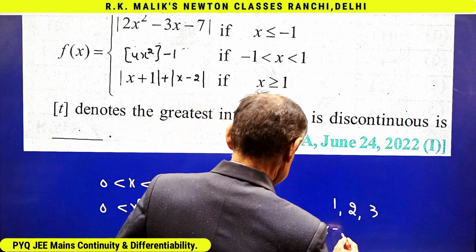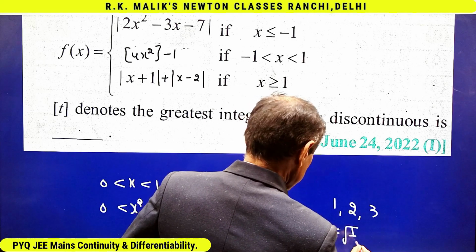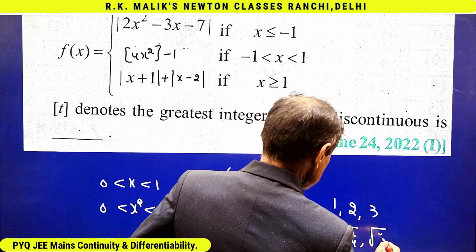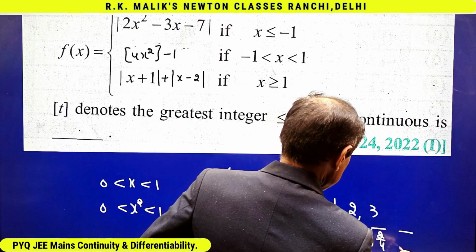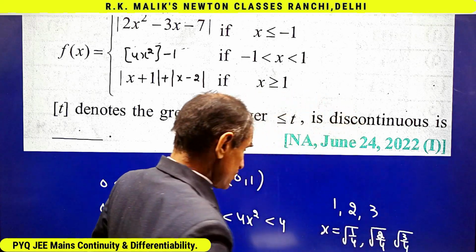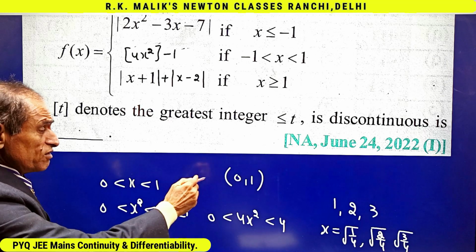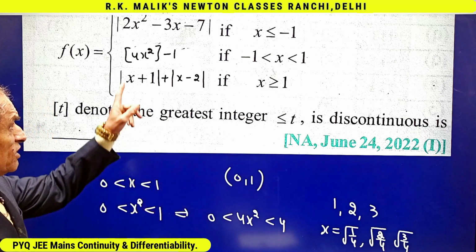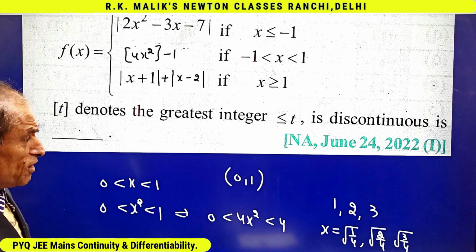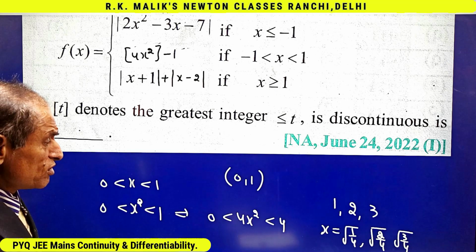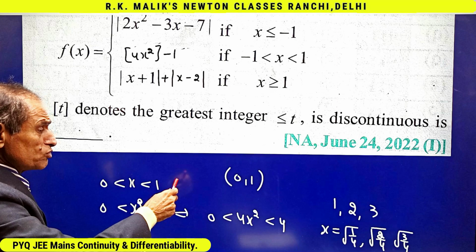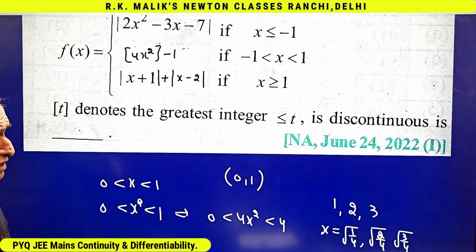That is when x is under root 1 by 4, under root 2 by 4 and under root 3 by 4. Hence, in the interval 0 to 1, it is discontinuous at 3 points. Therefore, in the interval -1 to 0 also there will be 3 points of discontinuity. And one point we have already found, that was x equal to 1. Hence, I can say there are 7 points of discontinuity.